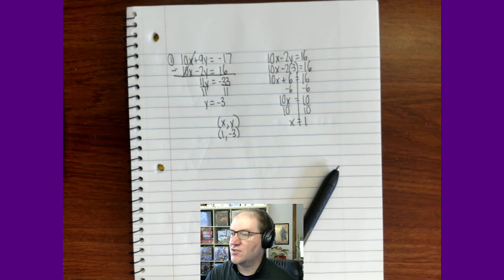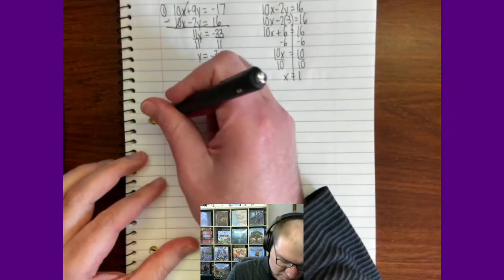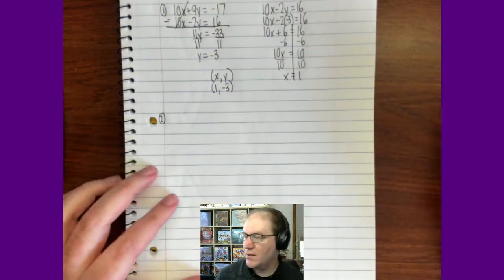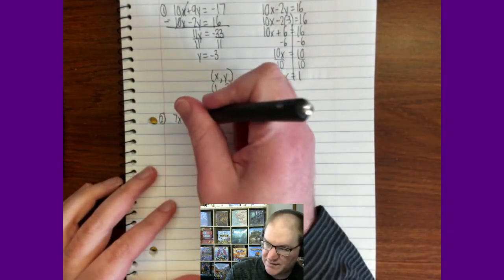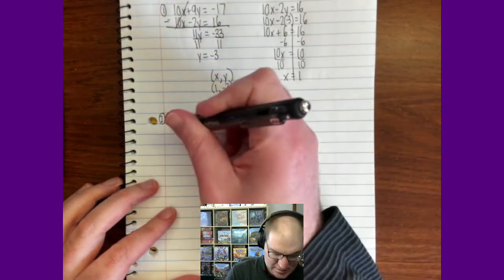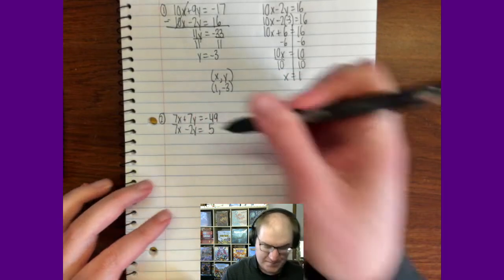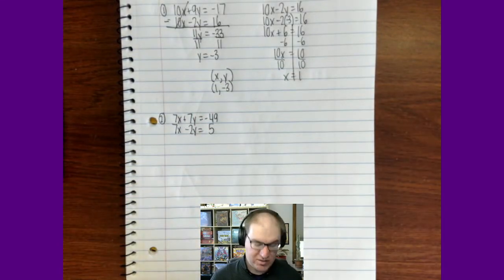Now I'm going to do question number 2. 7x plus 7y equals negative 49, and 7x minus 2y equals 5. Let's use elimination method.